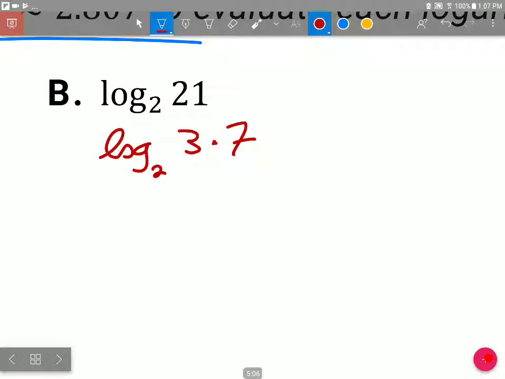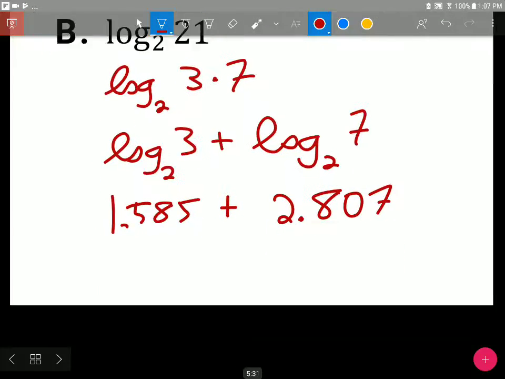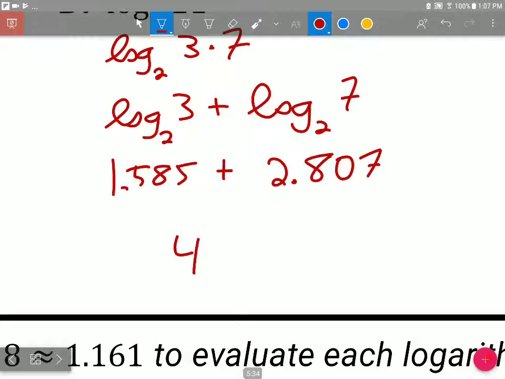So I can do log base 2 of 3 plus log base 2 of 7. Cool. Now I can replace them with what they equal. So the log base 2 of 3 equals what? 1.585. And the log base 2 of 7 equals 2.807. And those add up to what? 4.392.